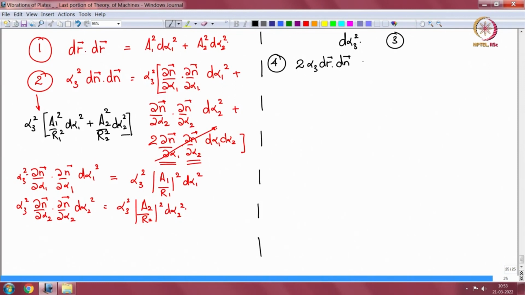So, this now can be written as, I will straight away write it because we know both the terms from past. Okay.